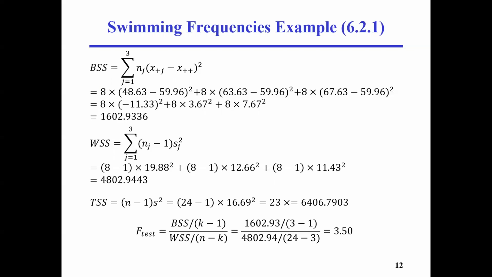The degree of freedom for WSS is N minus K, which is 24 minus 3, which is 21. Then you just follow this formula, and you should be okay to find the final value for the F-test. For this specific question, the value is 3.5.